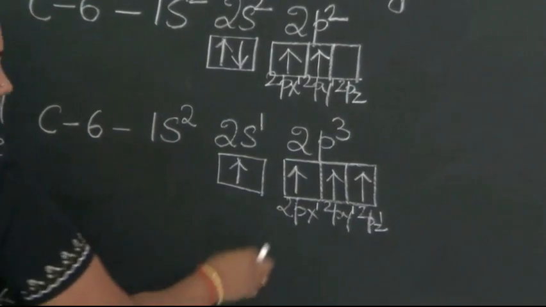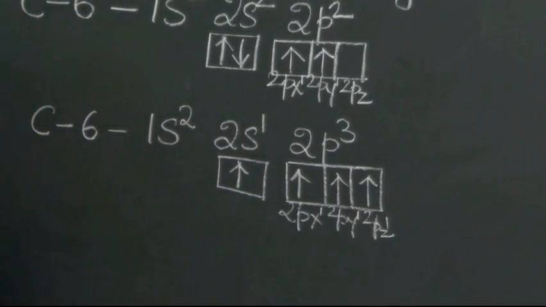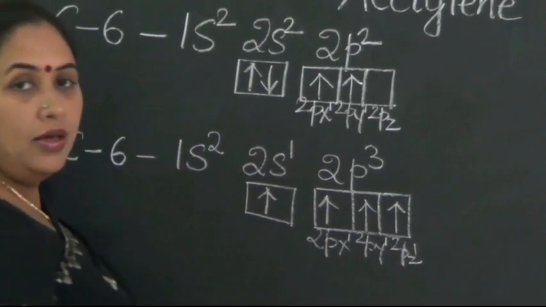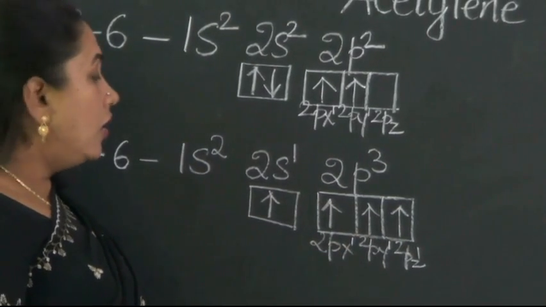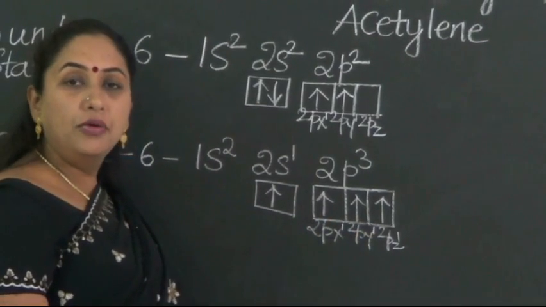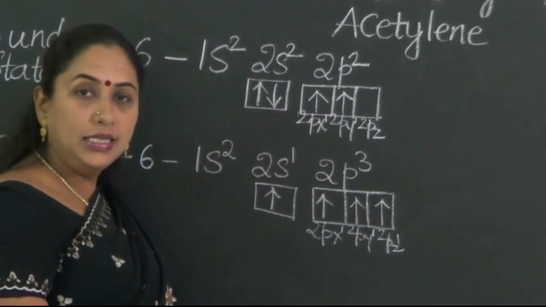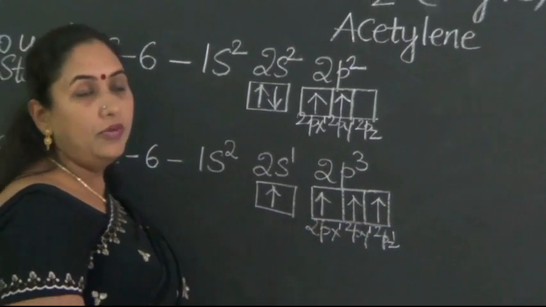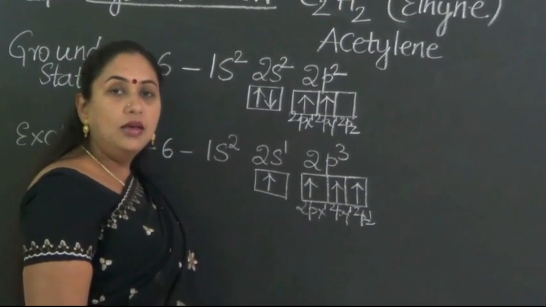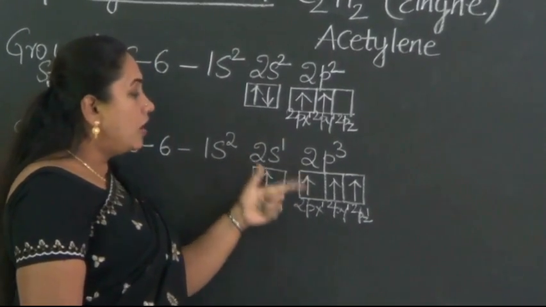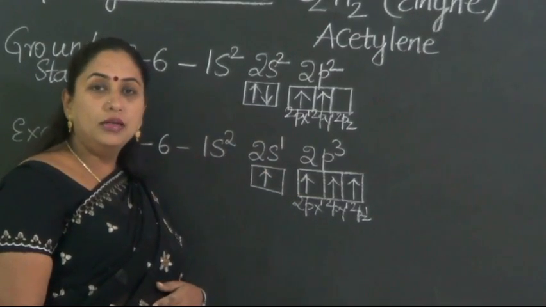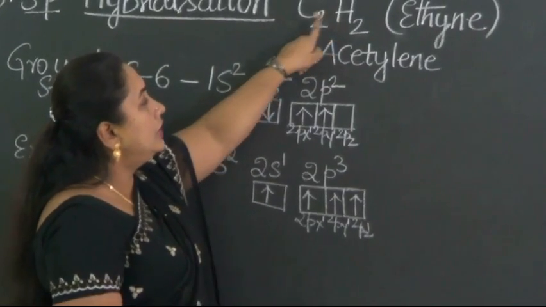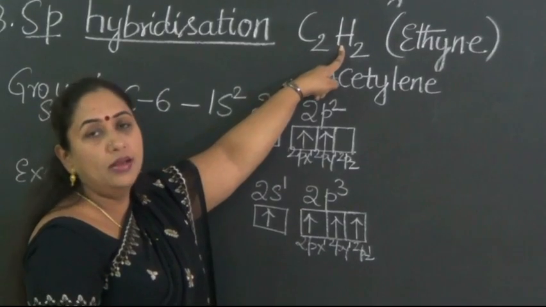Now, though all the 3 orbitals of the 2p energy level, which happens to be the valence energy level, are half filled, not all of these p orbitals will undergo the process of hybridization. Why is that? They will form only that many hybrid orbitals as the case requires. Here each carbon atom has to accommodate just one hydrogen.